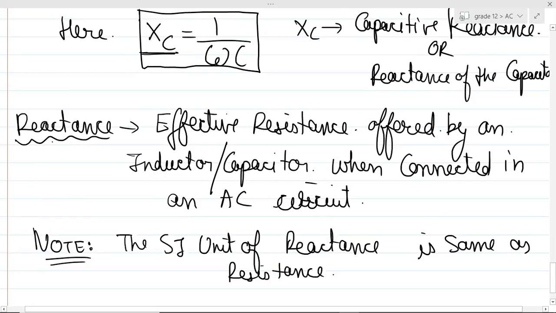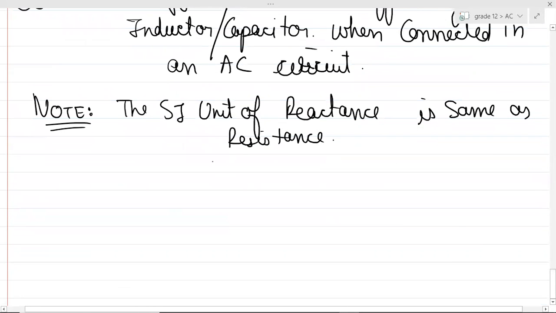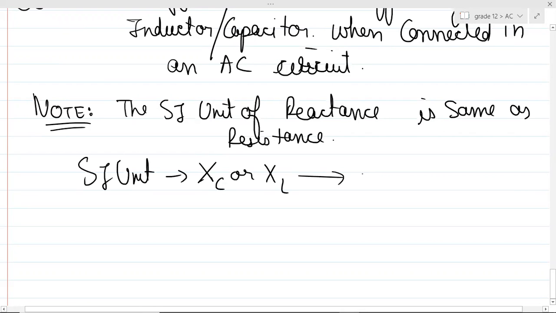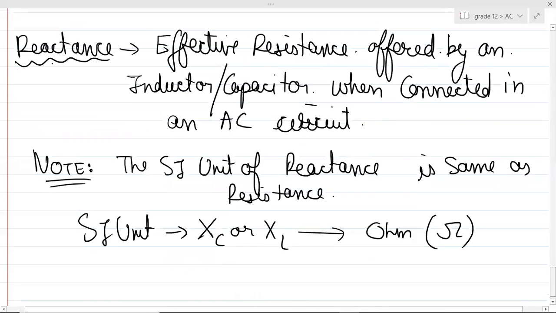That is, whether it is capacitive reactance or whether it is inductive reactance, both XC or XL, SI unit, both will be basically what? Ohm. The same ohm for resistance which we use, right? Okay. Is this clear, guys? Yes, sir.